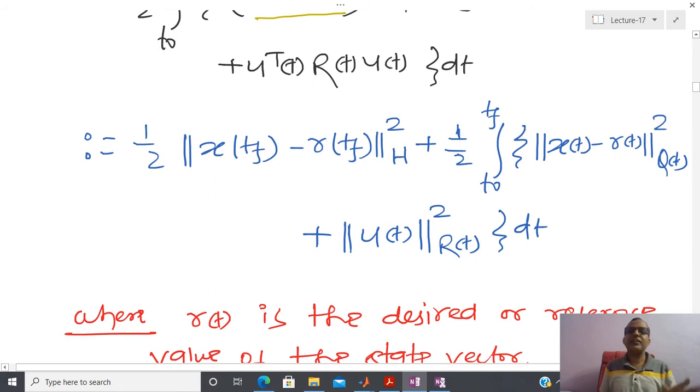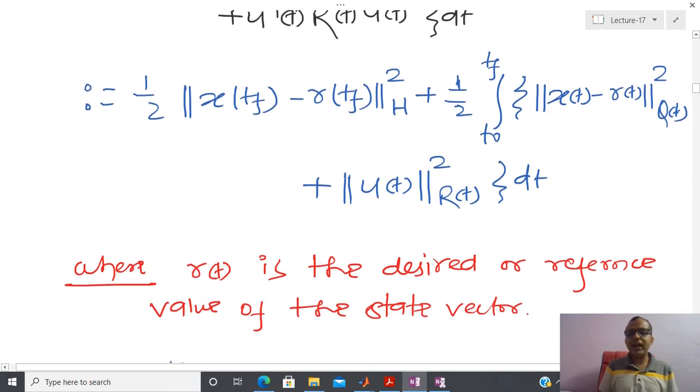Due to that reason, some literature does not even talk about this class of problem. Here, in short form, I can also define the performance measure like this. The meaning of this symbol, from here to here, is [x(t_f) minus r(t_f)] transpose H [x(t_f) minus r(t_f)].